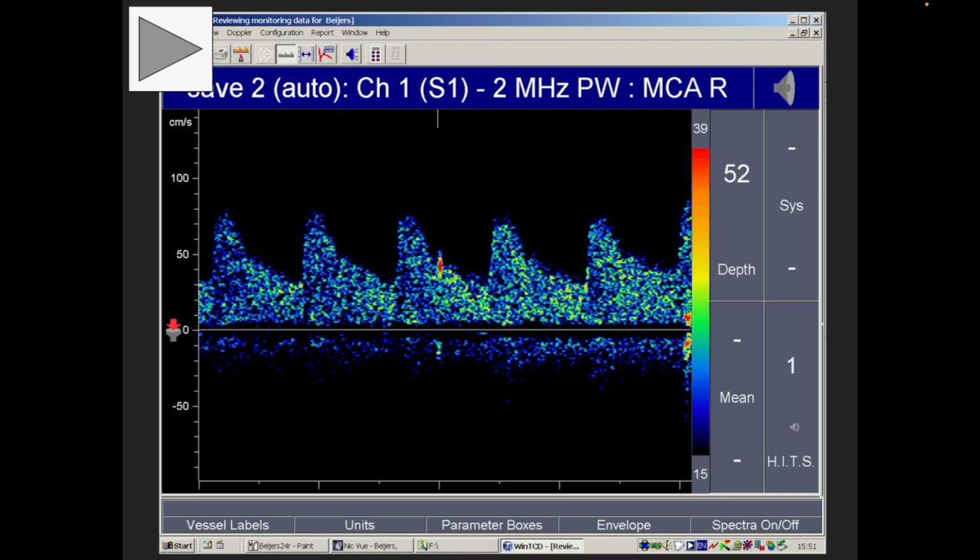The short-lasting intensity increase is both visible and audible. You can clearly see in the FFT spectrum the red dot, which is the signature of the embolus, and you can also hear it. Please click on the gray arrow on the upper left corner to listen to the signal.